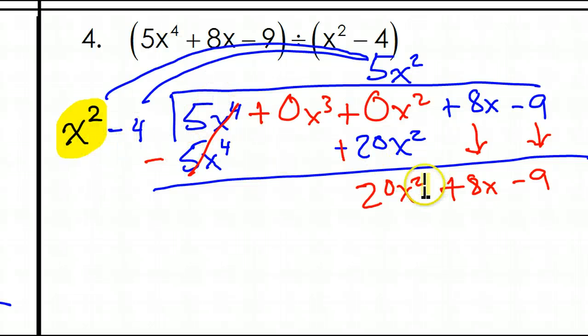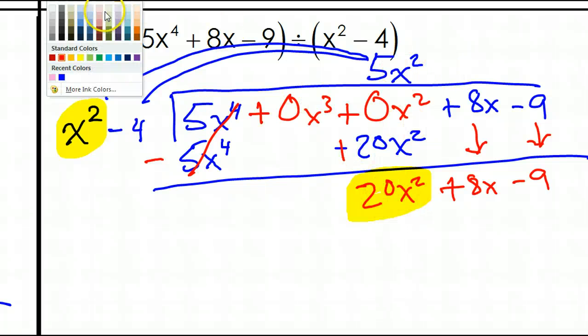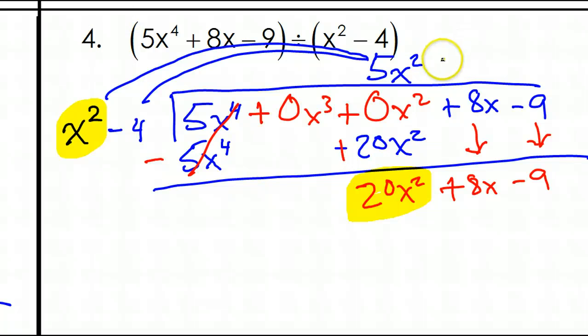So I got my x squared, but now I'm looking at this 20. So x squared times what is 20x squared? Well, you know we need the 20. So let's see. It's just 20 actually, because we want x squared and we have x squared, so we don't need any more x's.